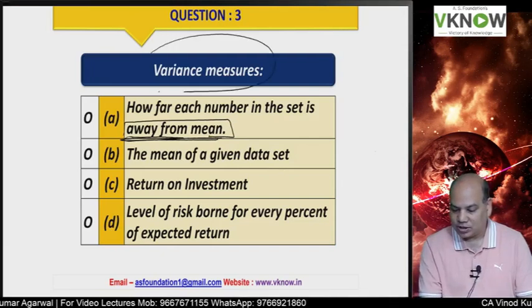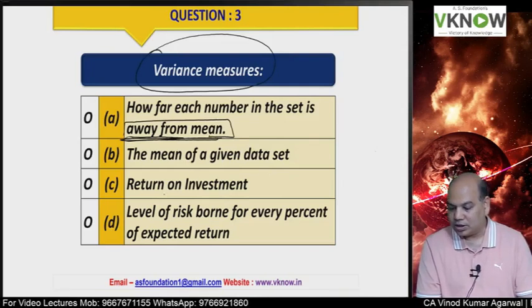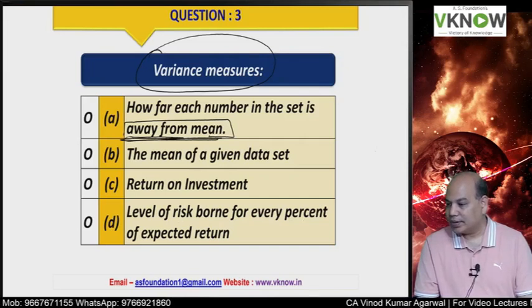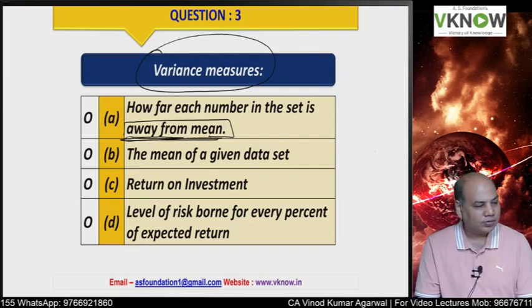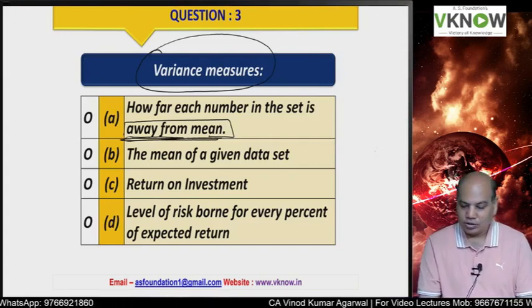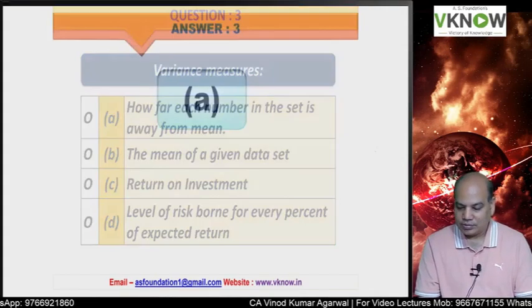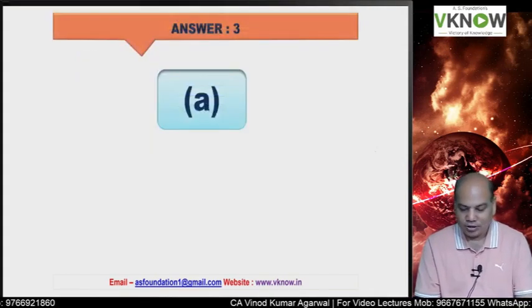C, the mean of the given data set, return on investment, level of risk borne for every percent of expected return. You have to choose the best option. If you think more than one option is possible, choose the best option. So the correct answer is A, tick mark 3A.